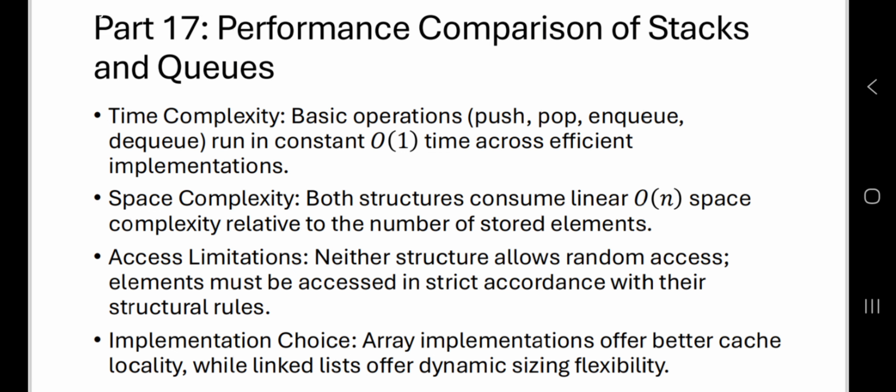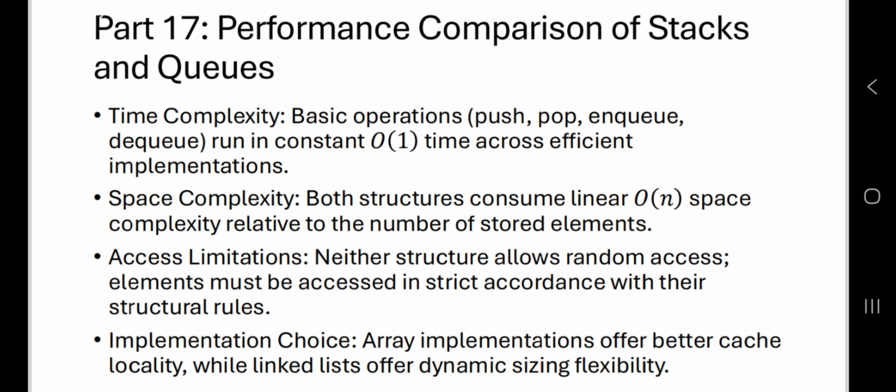Let us look at some more real-world applications of queues in part 18. Print spooling, so manage the document print jobs sent to a shared office printer in the exact order they arrive. Customer support system, handling incoming customer service call queues or help desk ticket routing.